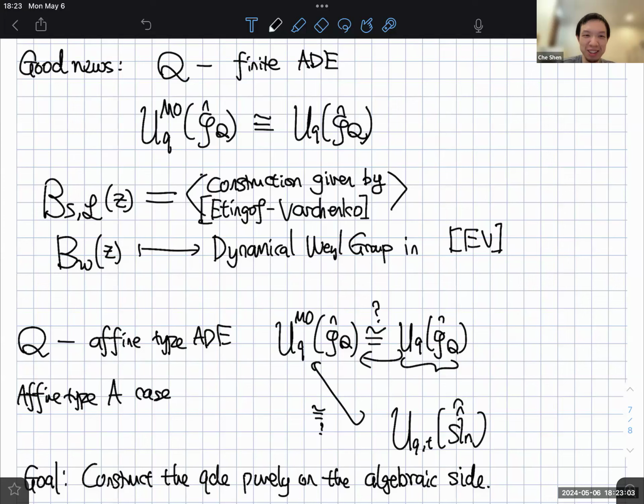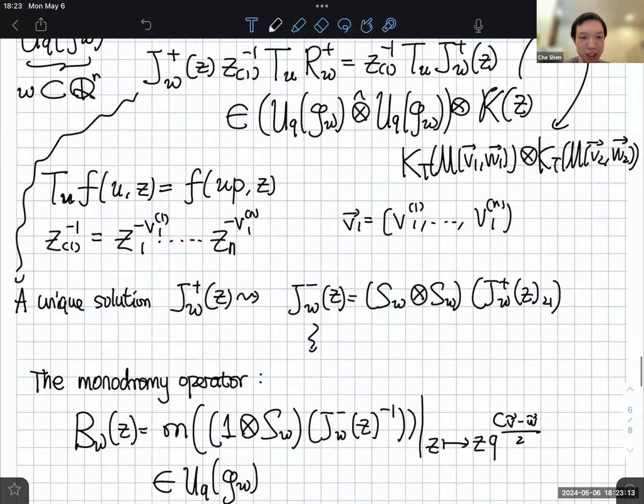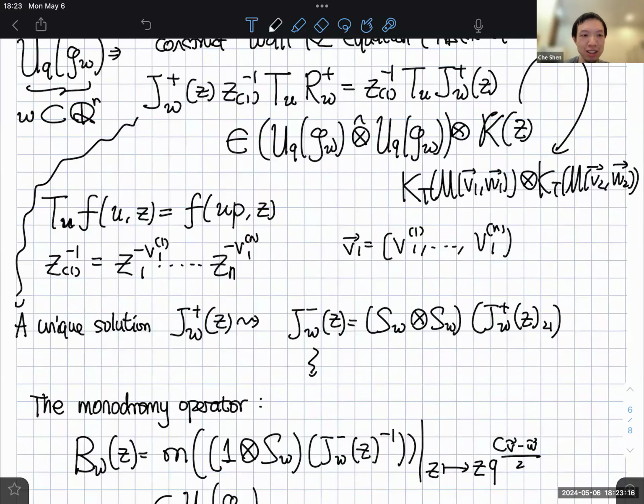Maybe this is a random question. Here you define this JW plus using the equivariant variables, but what about its difference equation on the Kähler variables?